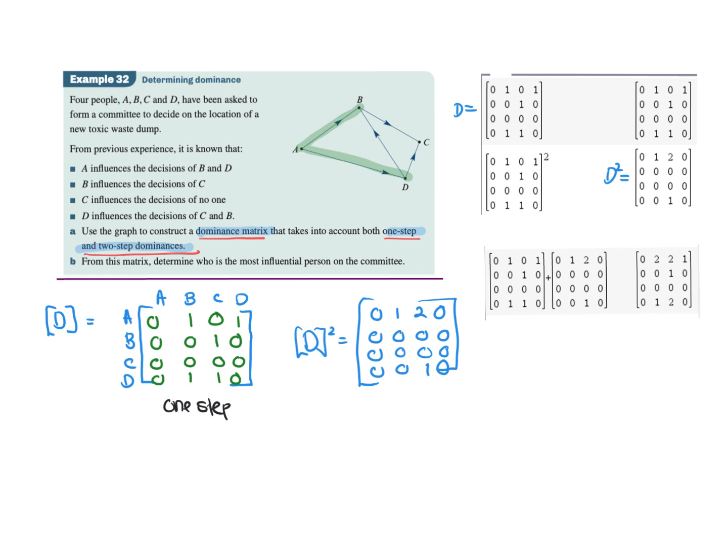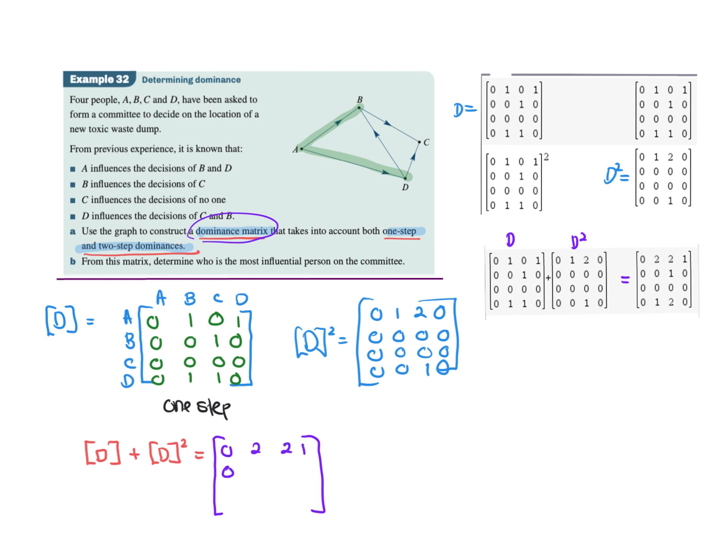But because the question wants the total dominance, and it includes both 1 and 2 steps, what you're actually doing is you get matrix D, you add matrix D squared, and you'll end up with this dominance matrix. You can see I've done that here, D plus D squared, and we end up with this one.